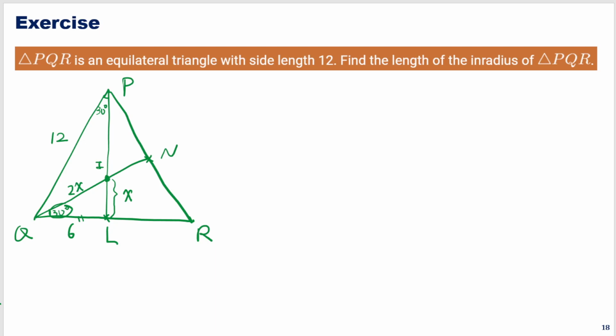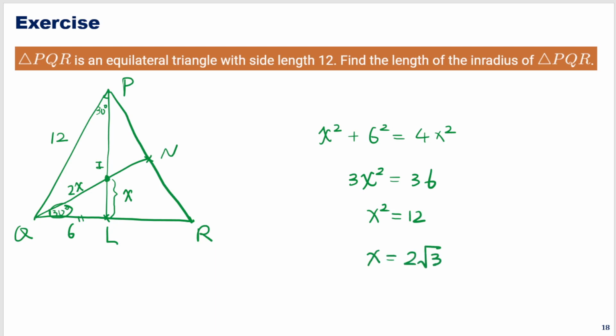And this triangle is a 30, 60, 90 degree triangle. You can use the property of that triangle to find x. Of course, if you don't memorize that, you could also use the Pythagorean theorem. So x squared plus 6 squared equals 4x squared, right? Therefore, 3x squared equals 36, x squared equals 12, and of course, x equals 2 square root 3, right?